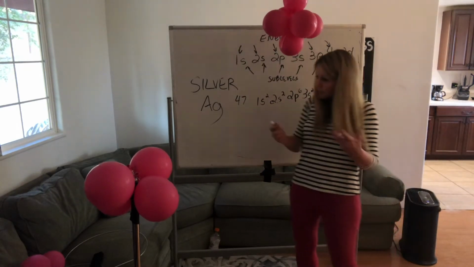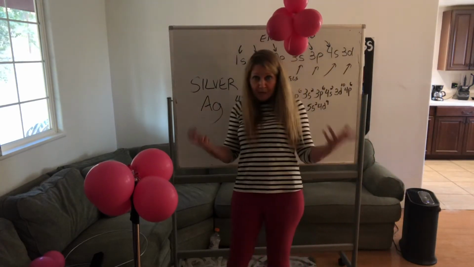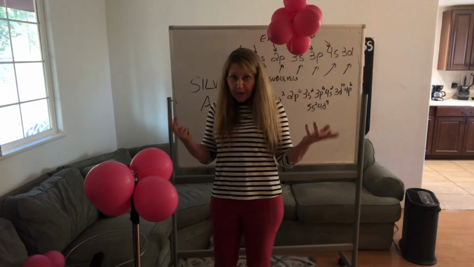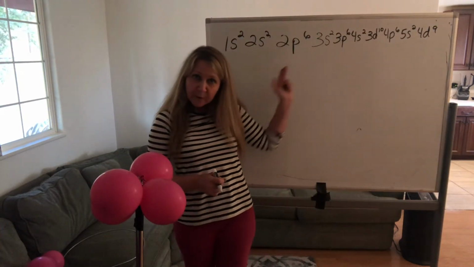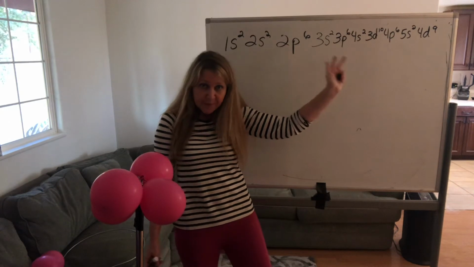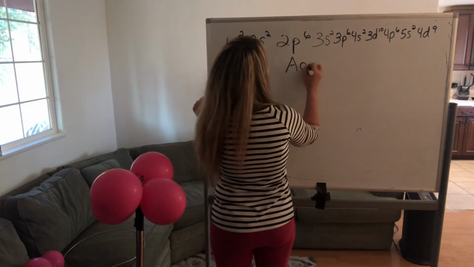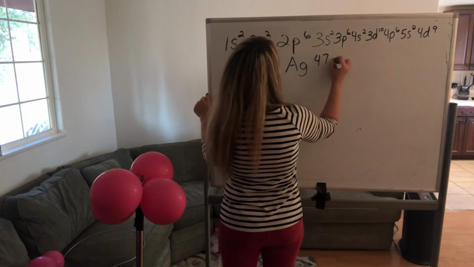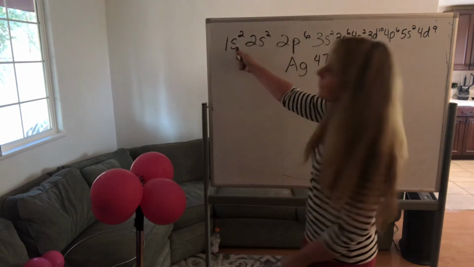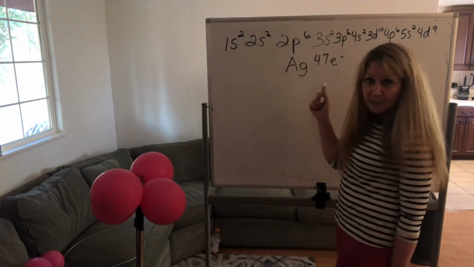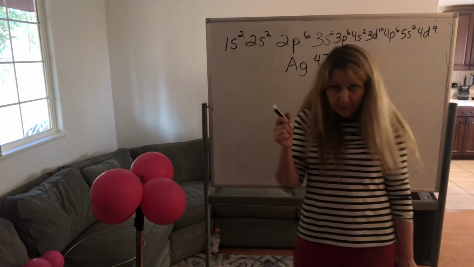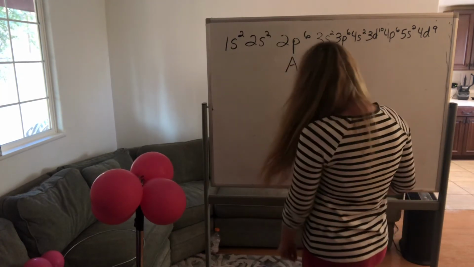So now we're going to draw a Bohr model of a silver atom. So here we have the electron configuration of an atom of silver. Silver has 47 electrons. Now, we're going to use this electron configuration to make a Bohr model of a silver atom.